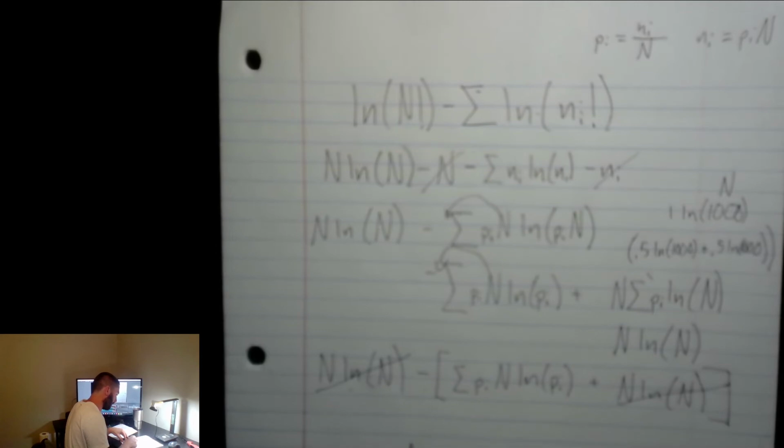So now we're just left with this term here, which is the negative summation of, I'll pull the constant out in front, negative times total number of students, the summation of the probability of the student being up.